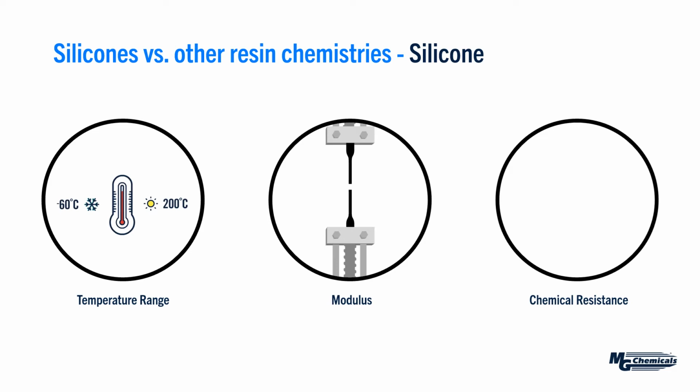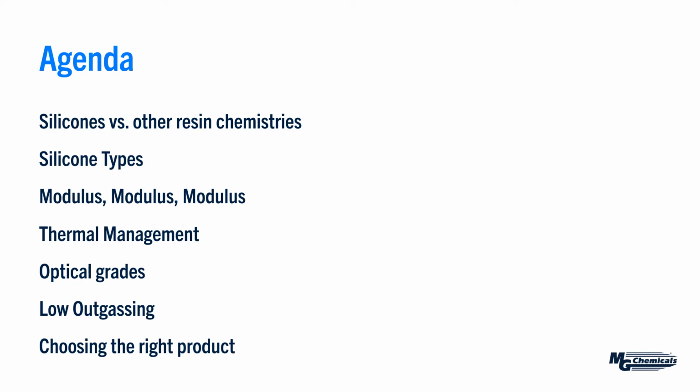There are some grades that hold up reasonably well to some solvents and oils and stuff, but generally speaking, it's a weak point of silicone materials. Okay, so now let's look at the different types of silicone materials that you can get.